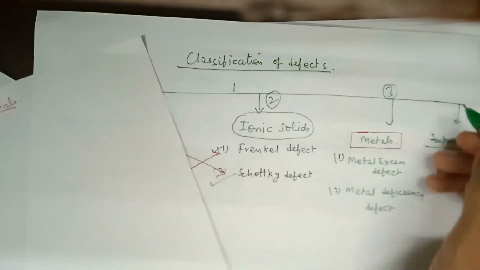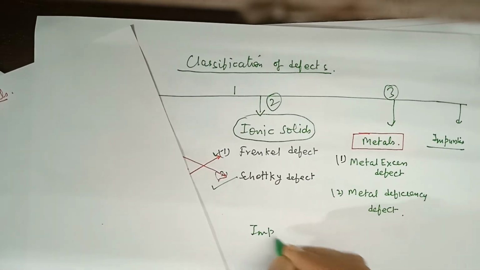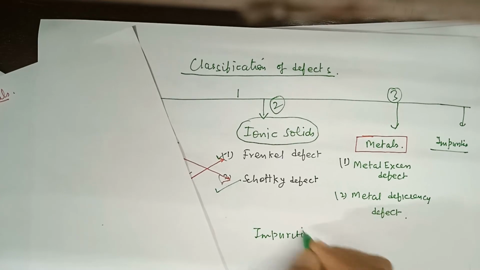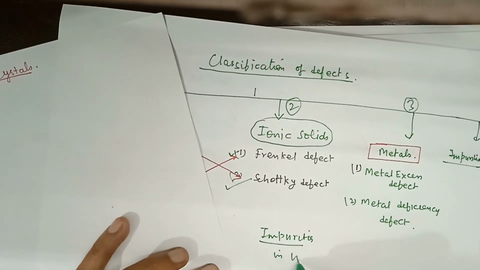These are the defects we have read about in ionic solids, and now we will read about impurities in ionic or non-ionic solids.